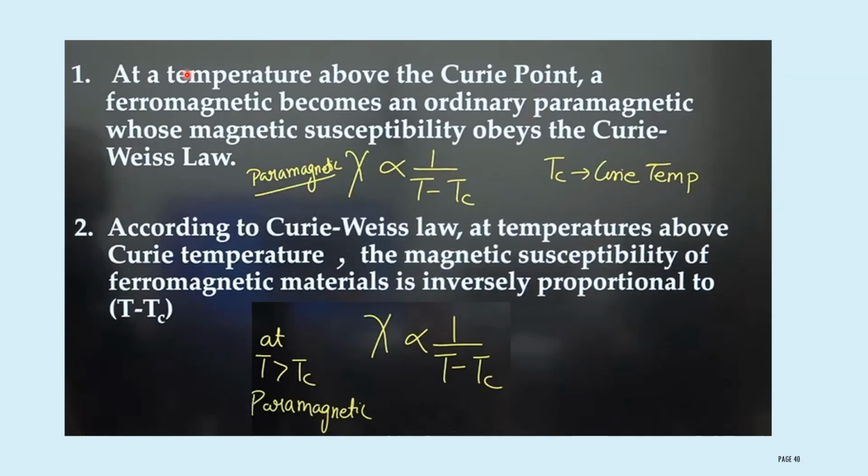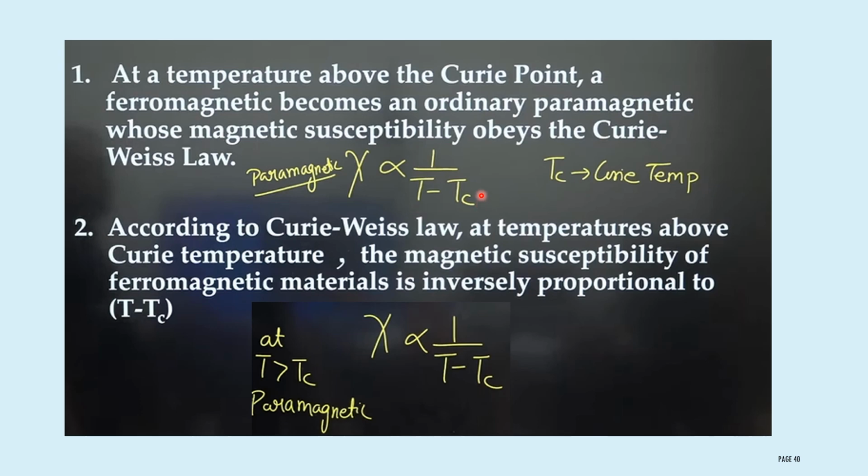At a temperature above the Curie point, a ferromagnetic becomes an ordinary paramagnetic whose magnetic susceptibility obeys the Curie-Weiss law. Zeta is inversely proportional to 1 divided by T minus Tc. T is the absolute temperature, Tc is the Curie temperature.